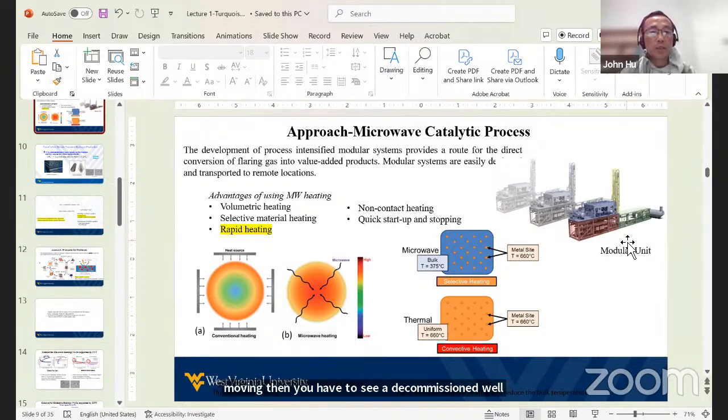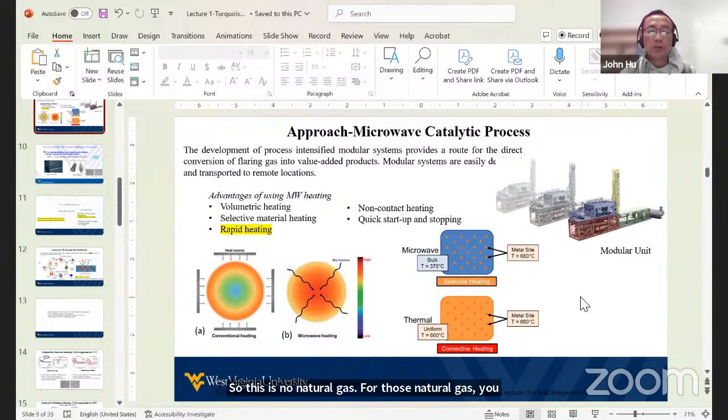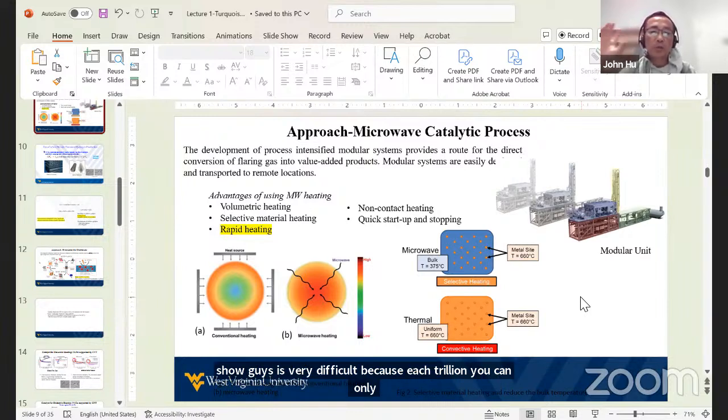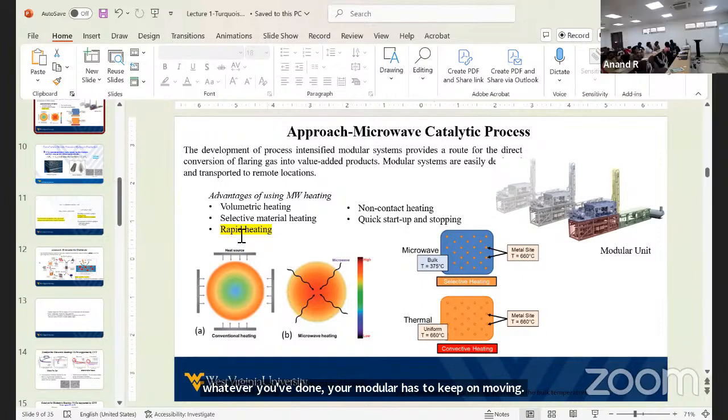That's why shale gas is different from traditional natural gas. Traditional natural gas you can produce a lot, but shale gas is very difficult because each drilling you can only pump this much gas, maybe in 2 years, some even in 3 months, some maybe in 7 years. But whatever it is, your modular unit has to keep on moving. Make sense? Yes, sir. Okay.